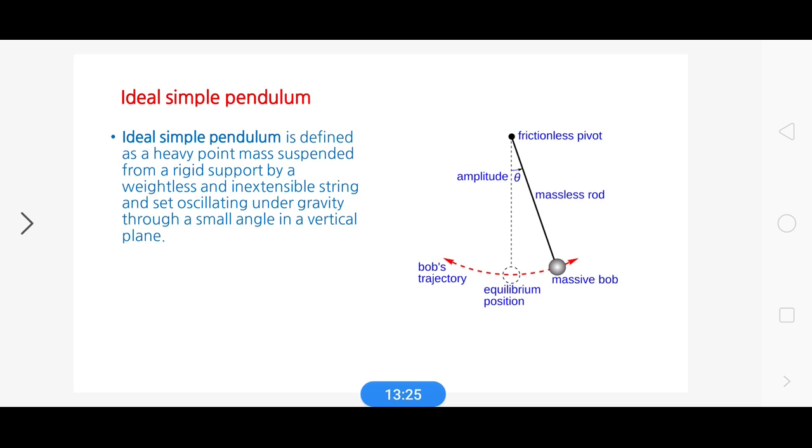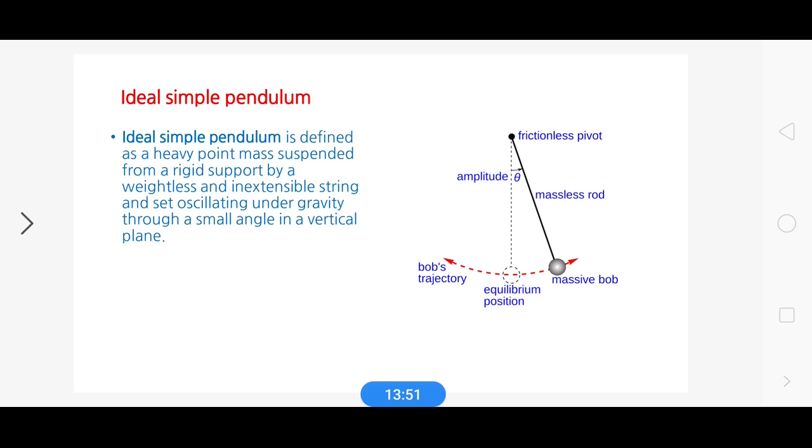So see here in this slide you can see the ideal simple pendulum. That has the features: the massive bob, and the rigid support, a frictionless pivot, and the rod is a massless rod or massless string.